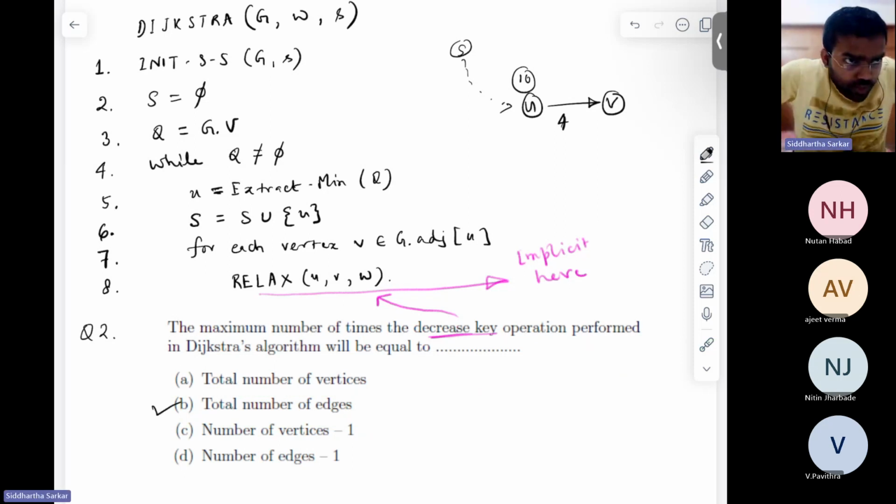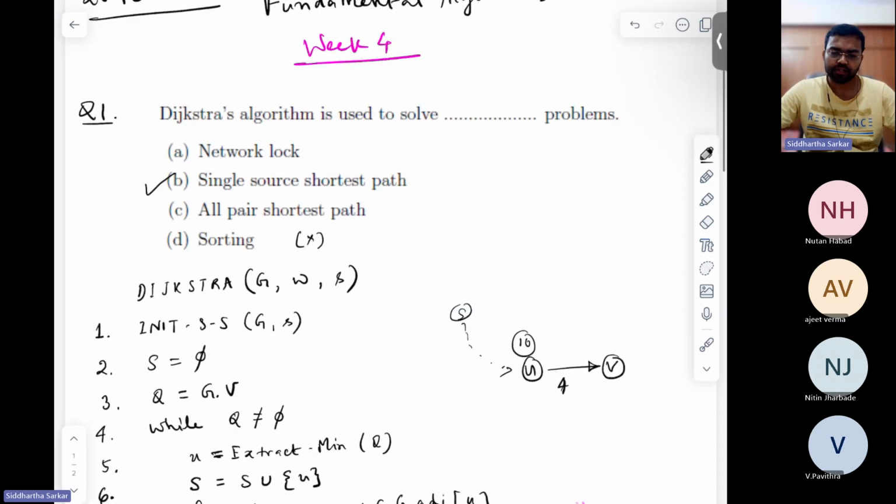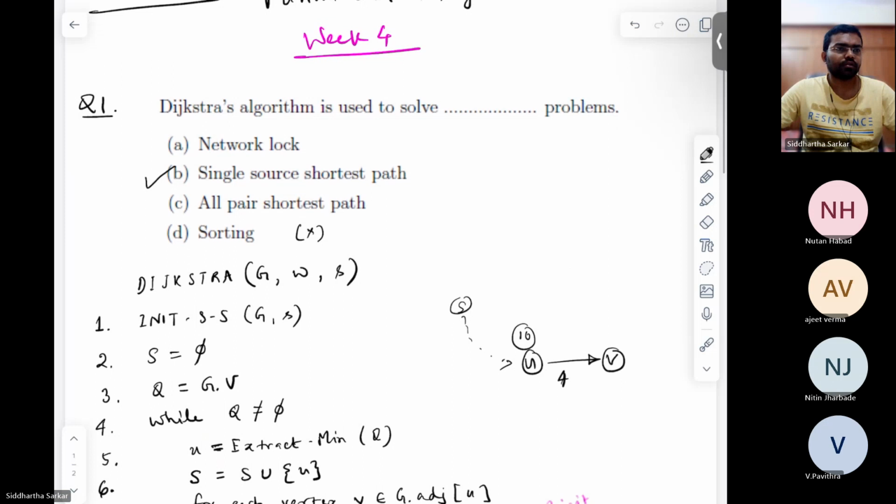If you're not able to see the screen, then please let me know. For some of you who have joined now, I'll show the first question. You can take a look at it.